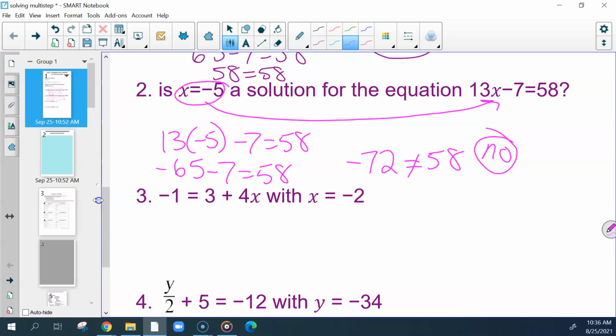So when we actually get into more of the solving pieces, this should be something you're doing, checking yourself to see, okay, I got an answer. Is this the right answer? Is this my solution? If I put this back in, do I get a true statement? If I do, then yes, this worked. If I don't, this is not the answer.